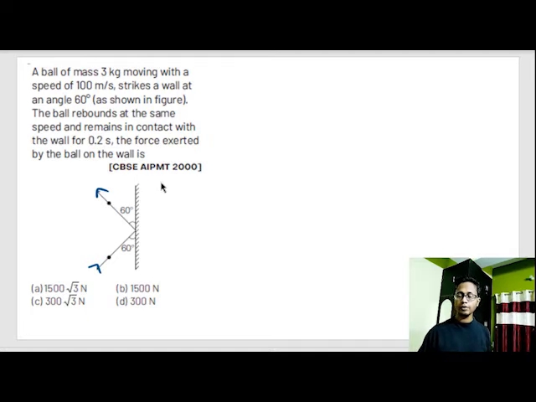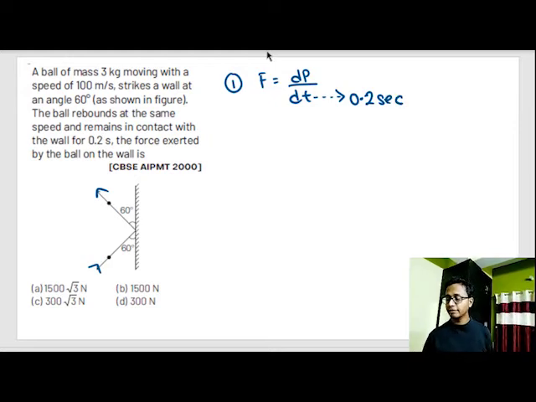So what is being asked? The force exerted by the ball on the wall. We know that F is equal to dp by dt. dt is given as 0.2 second. dp is nothing but final momentum minus initial momentum.